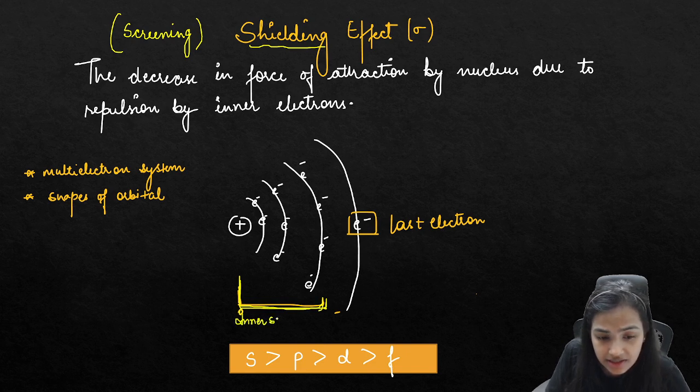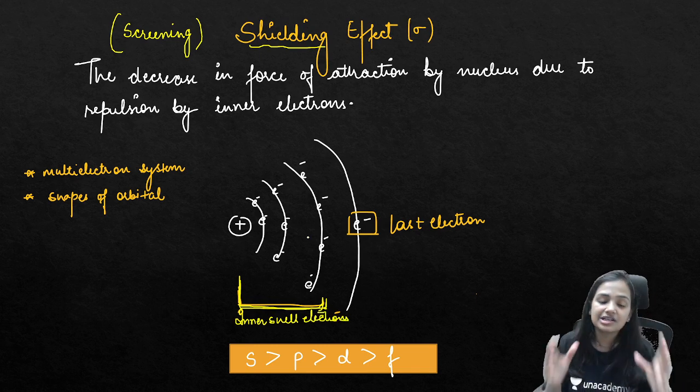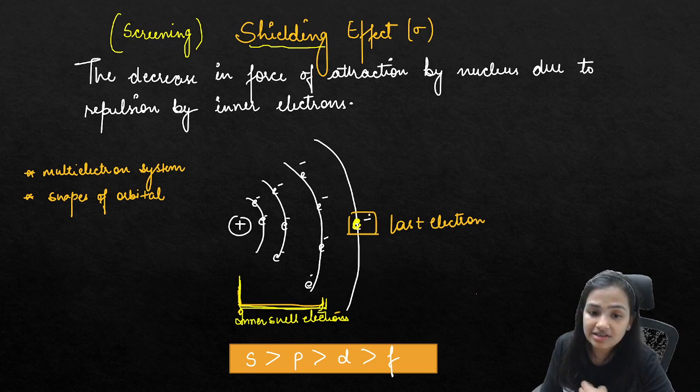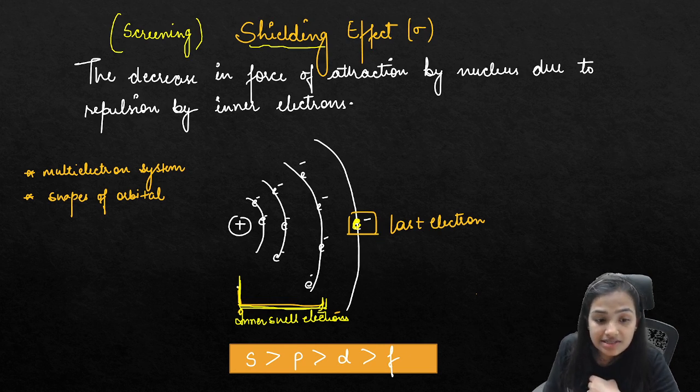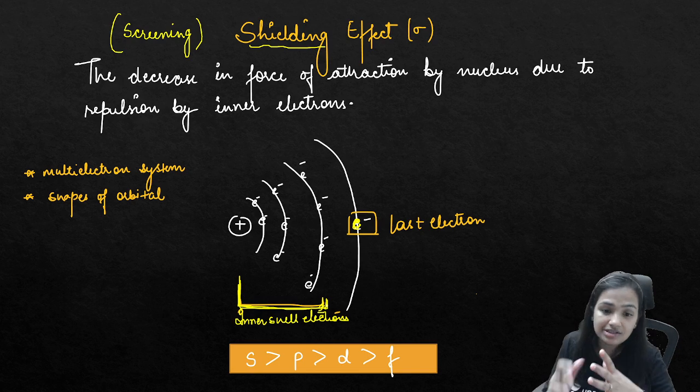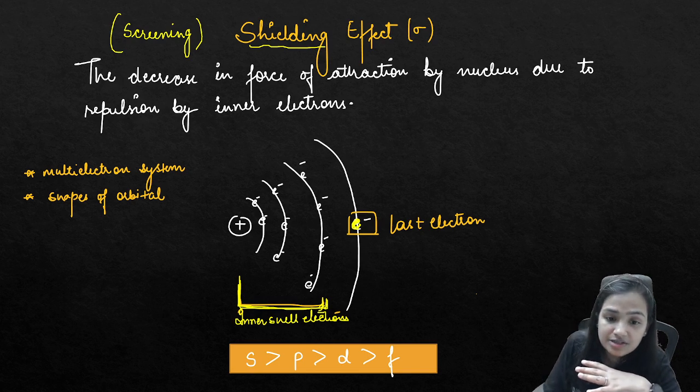These are the inner shell electrons, and they will try to protect this particular electron. Our aim is to keep this electron safe, so the inner shell electrons act as protection for it.